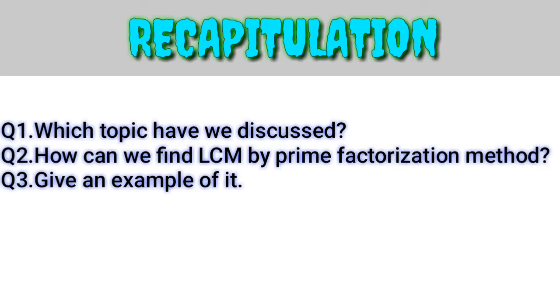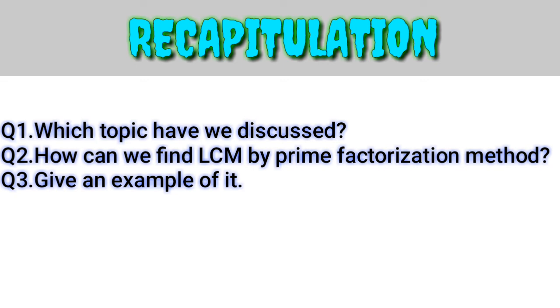Question number 1. Which topic have we discussed? We have discussed the topic LCM by prime factorization method. Question number 2. How can we find LCM by prime factorization method?